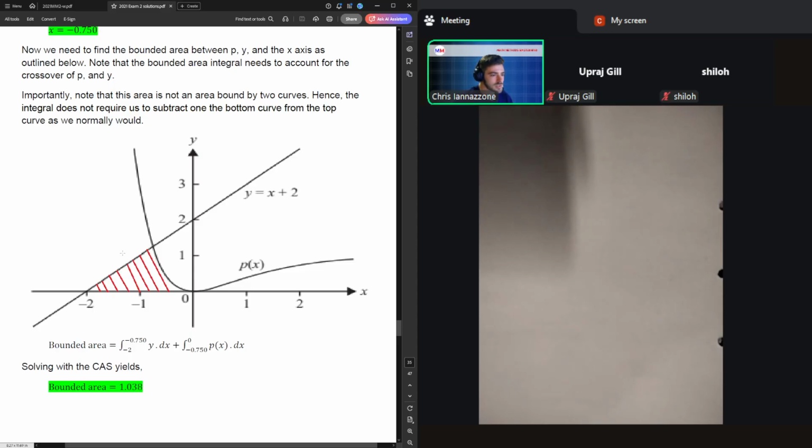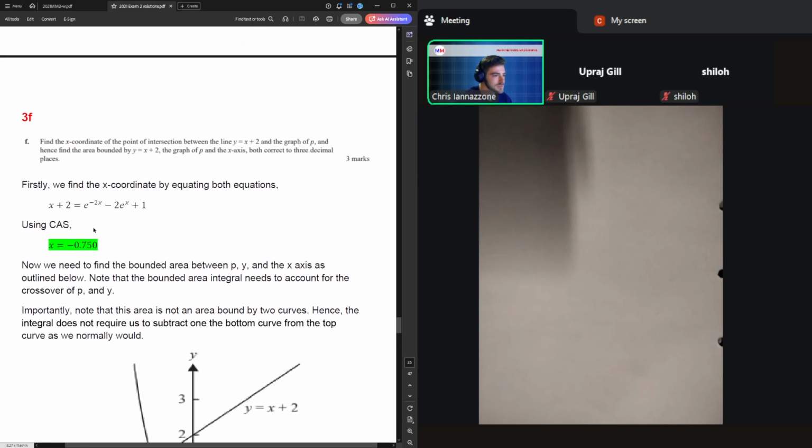And so rather than doing a y take p type situation, you've actually just got the x-axis as your floor for the entire duration of the domain. And so it ends up being simpler than it would have otherwise been. You just got to figure out what this crossover is and cut your integral accordingly. But as we said, that's really, really easy.